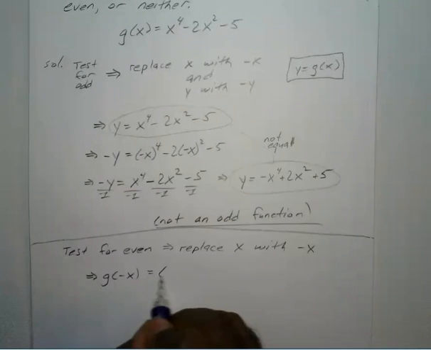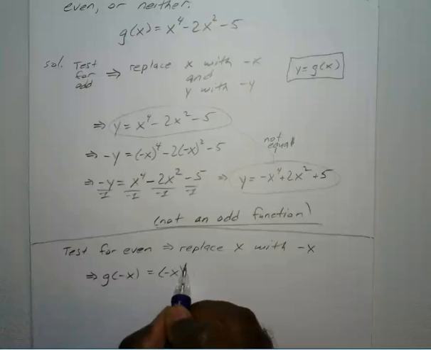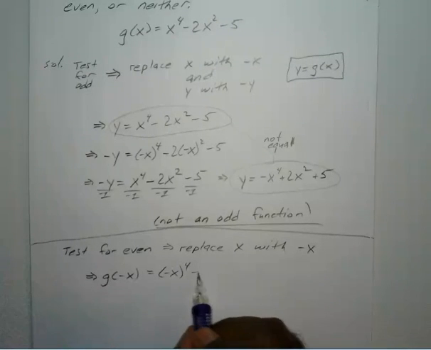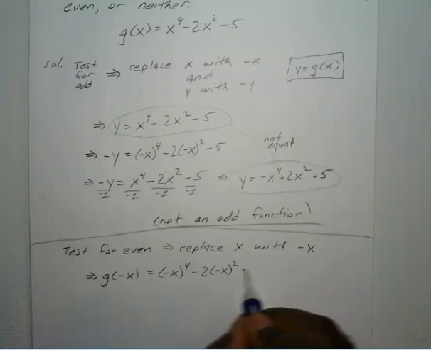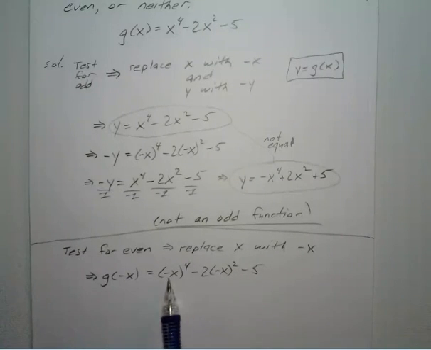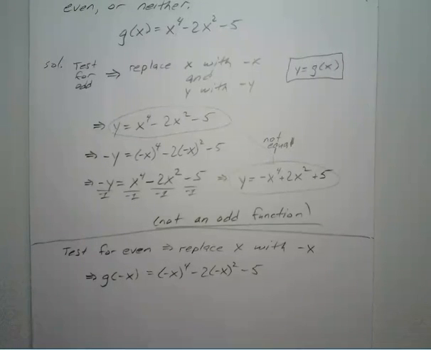Okay, so that's going to equal negative x to the fourth minus 2 times negative x squared minus 5. Remember, those parentheses are really, really important. If you don't put in those parentheses, it's really easy to make a little minor error and throw your whole reasoning off.